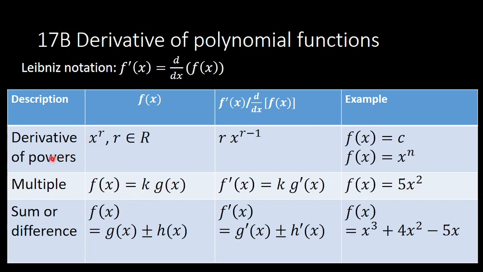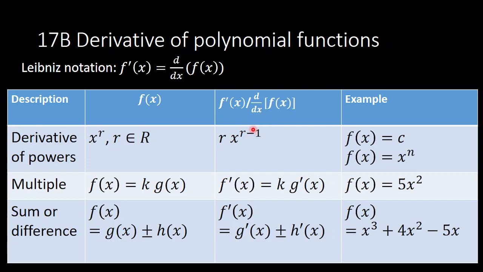So the first derivative is the one with power functions. If you have a function to the power of r, so x to the power of r, and r is a real number, so it can be 0, 1, 2, 3, but it can also be a fraction. The derivative is this one. So you multiply by r, and then the power of x, you just minus 1.